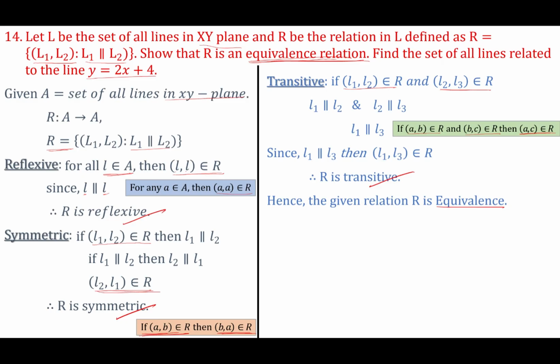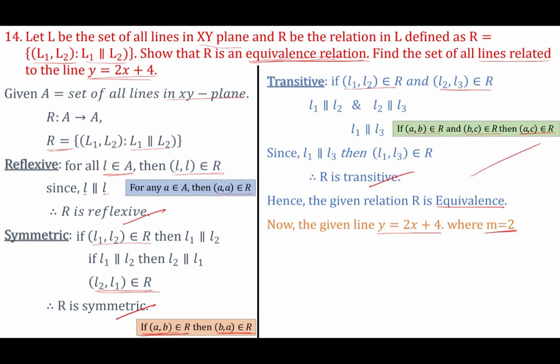The second part says, find the set of all lines related to the given line y equal to 2x plus 4. Suppose I have a line y whose slope is 2.